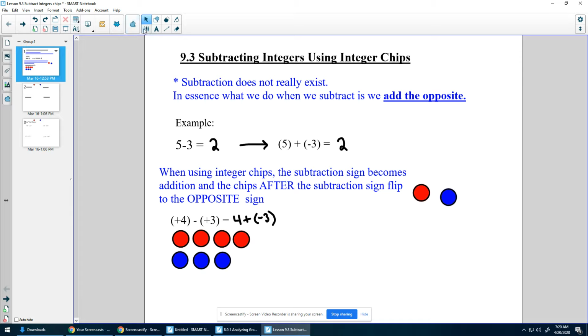These now are called 0 pairs. Those are 0 pairs. Those cancel each other out. And what are we left with? Positive 1.